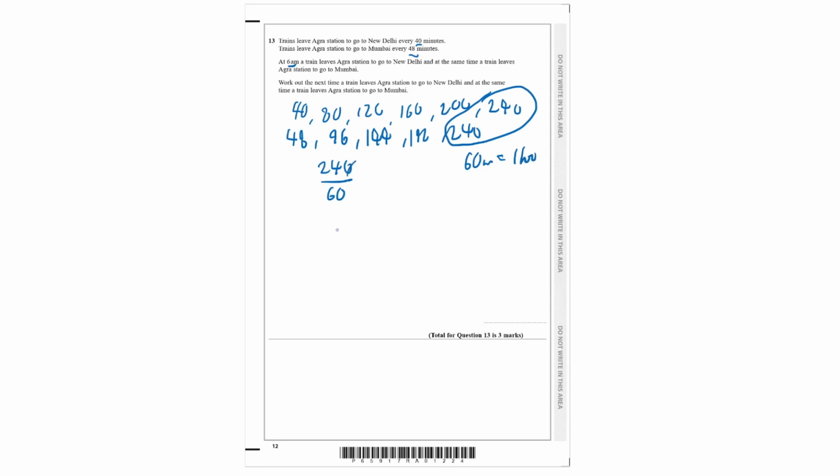And 240 divided by 60 is 24 divided by 6, which is just 4 hours. So 6 a.m. plus 4 hours gives us 10 a.m. 10 a.m. is when both trains leave the station at the same time.